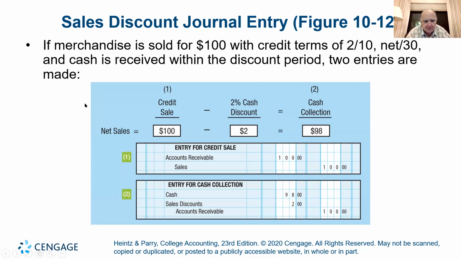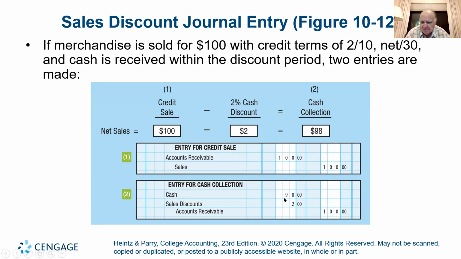So look at this here. This merchandise was sold with credit terms of 2/10. So they debited accounts receivable for 100 and they credited sales. We do not worry about the discount at the point of sale. We can't, because we don't know if the customer is going to take advantage of our generous offer of 2%, 10 or whatever. Now we sold this on day one, then 3 days later, within the 10-day period, we got the check in the mail.